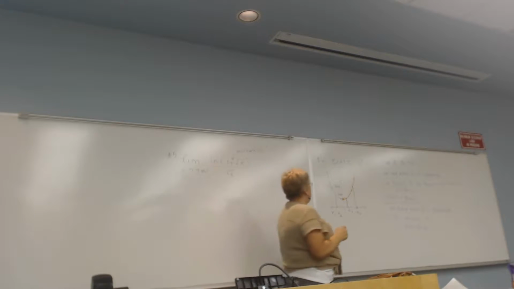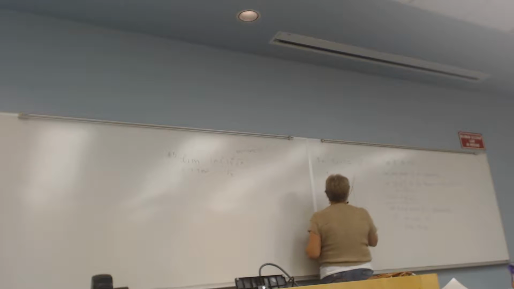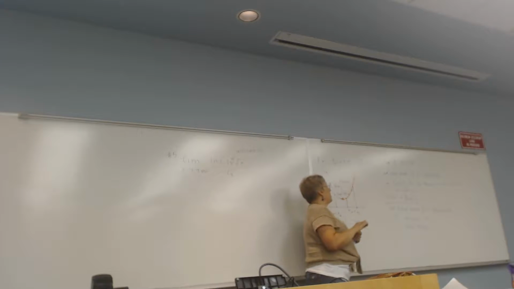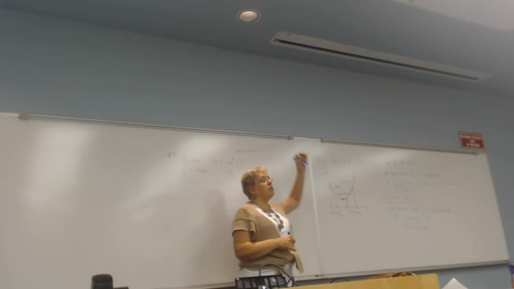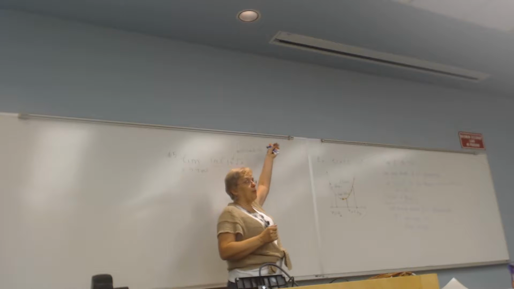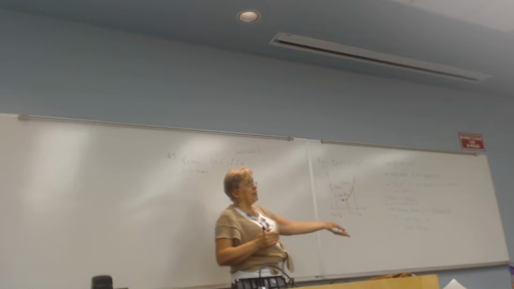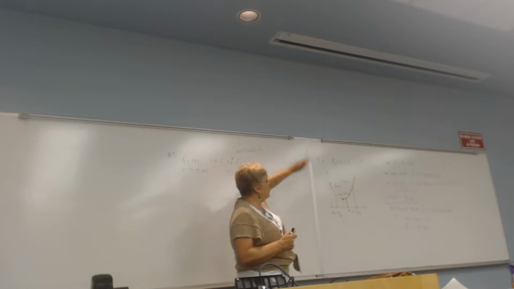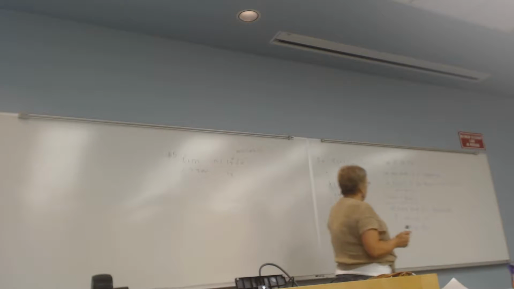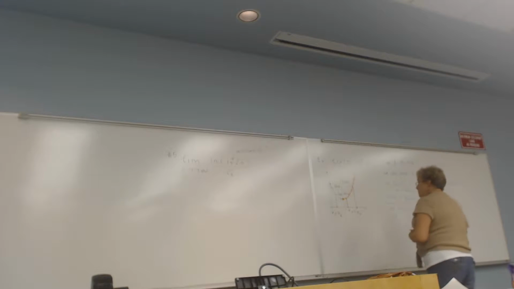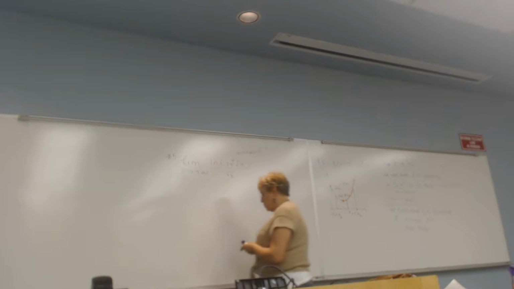X1 is less than x2, but the value of the function f of x1 here is greater than f of x2 there. So the opposite happens for the parabola on the other side. And in general, it happens to every decreasing function.